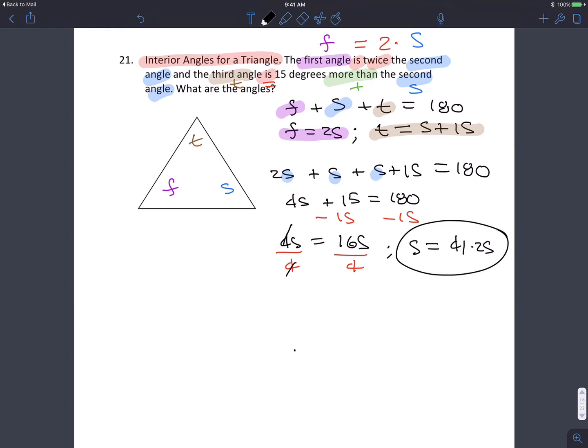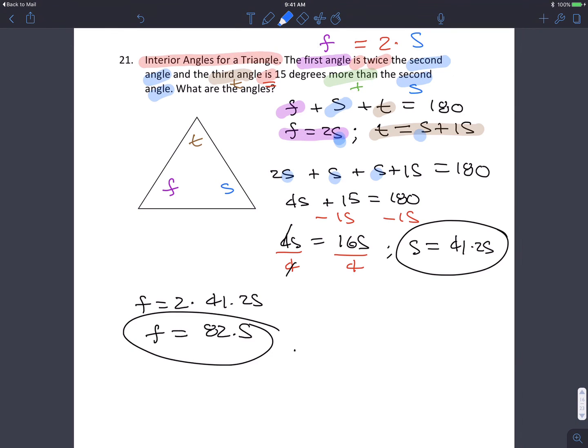Now we're going to have to find out what my first angle is. Go back. S is blue. So here I plug in 41.25. For my first angle, it's 2 times 41.25. My first angle will be double that. It looks like it's going to be 82.5 for the first angle. And again, S is in blue.